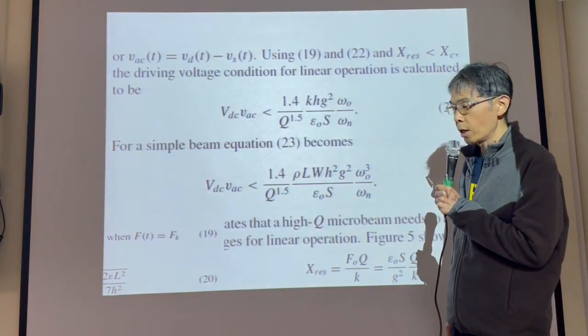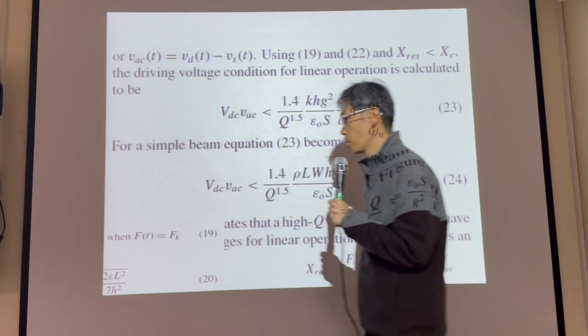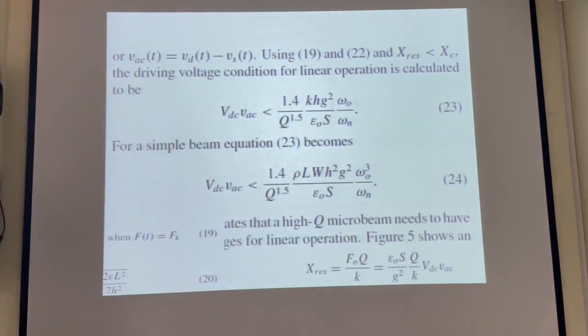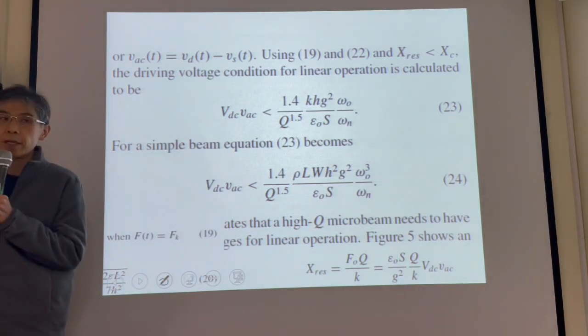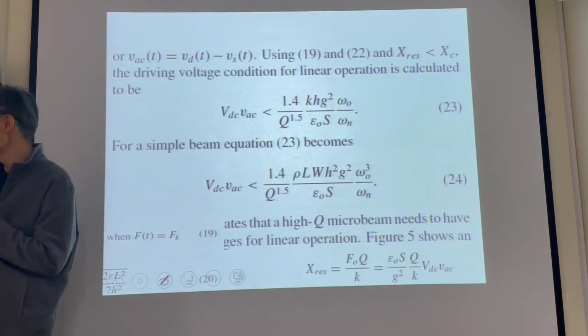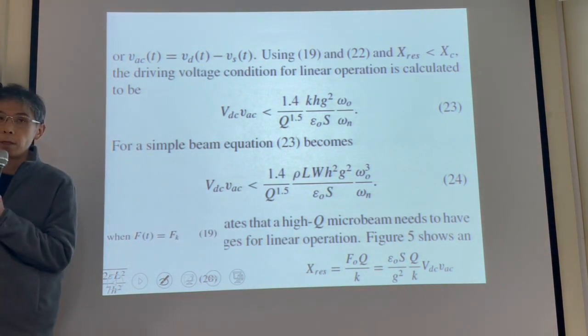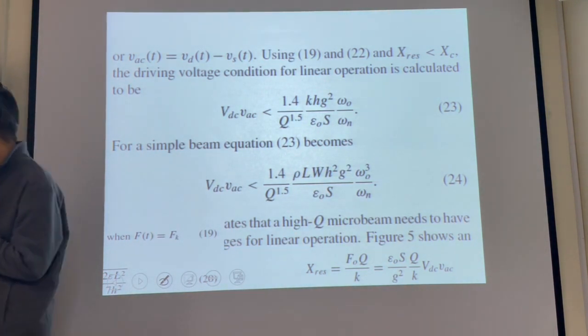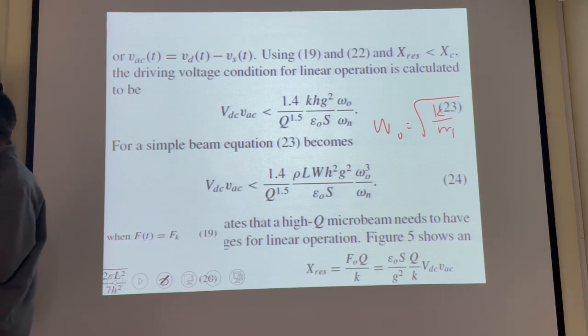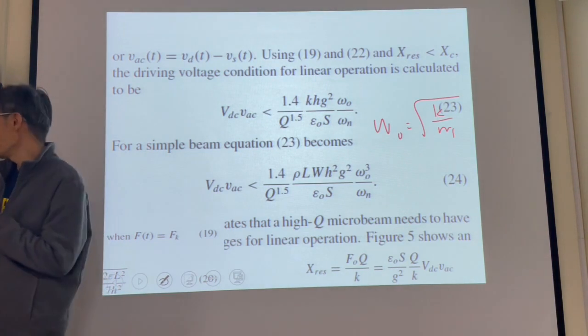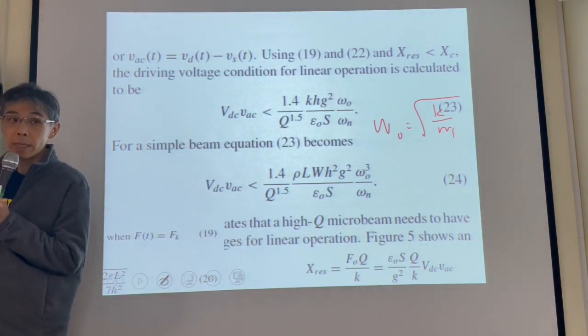Let me show you how we can get this equation. Spring constant K has a relation with natural frequency. So omega 0 equals the square root of K over M. K is the spring constant, and M is the total mass of the beam.